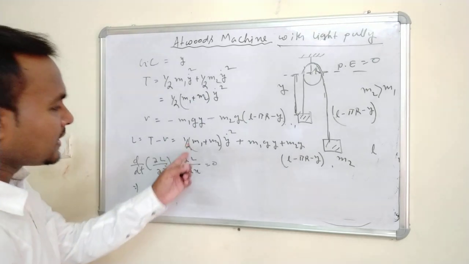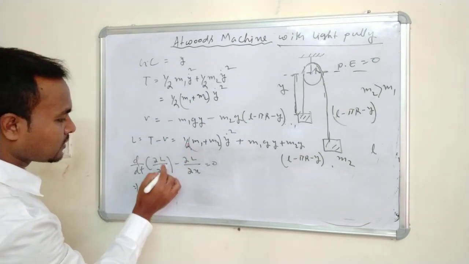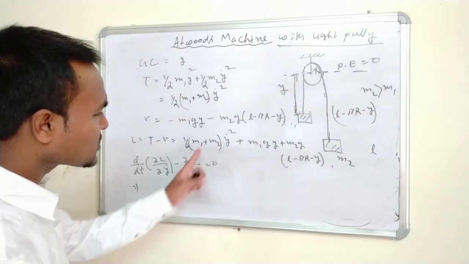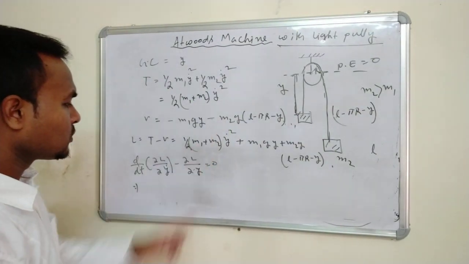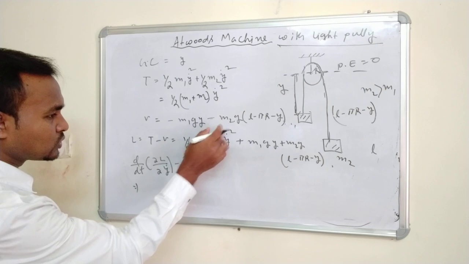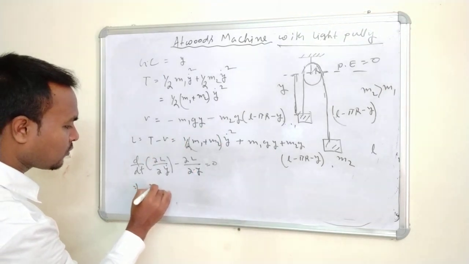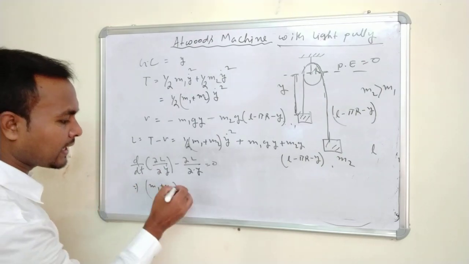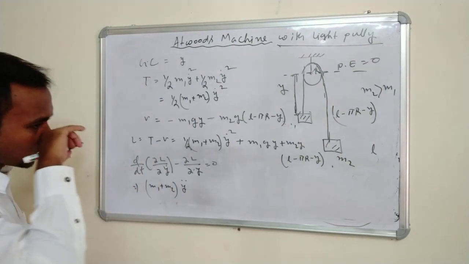So del L by del y dot, the 2 gets cancelled, it will be m1 plus m2, and again I have to differentiate with respect to time, so it will be y double dot.